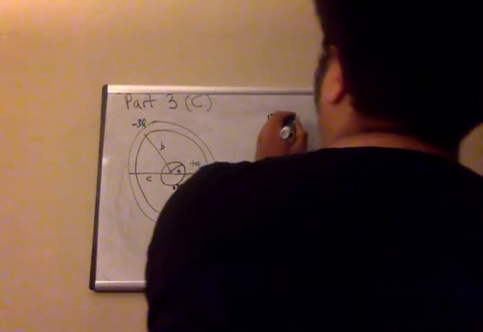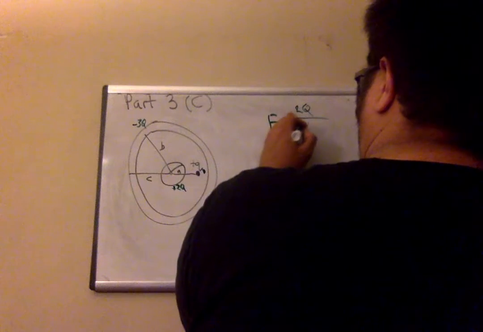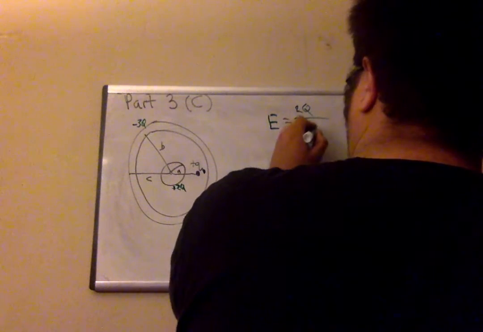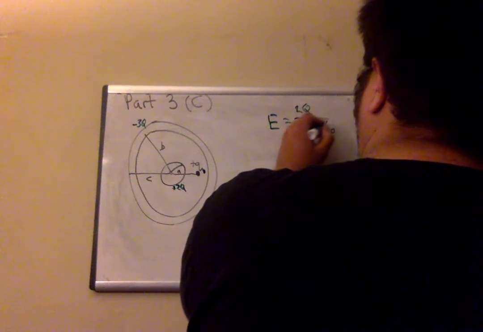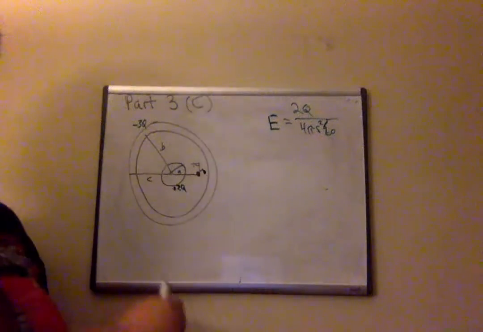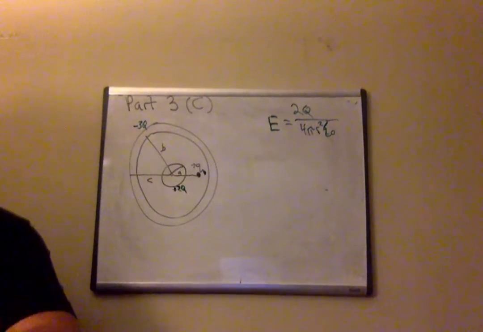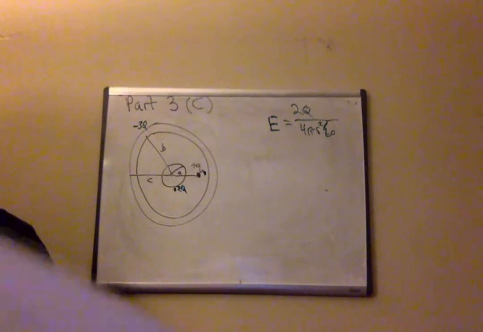The electric field was equal to 2q over 4 pi r squared epsilon naught. Yes, this is a 2q for that region. Cool.